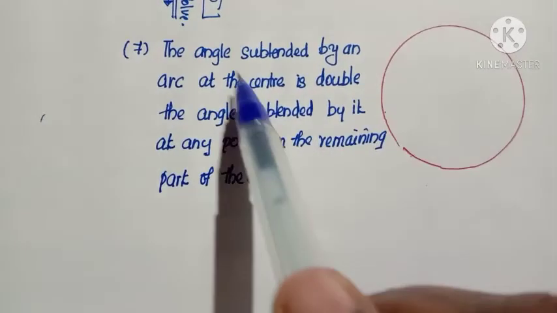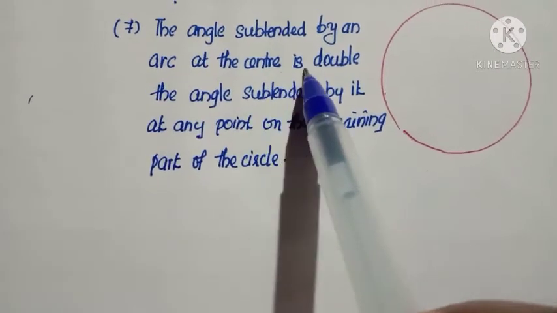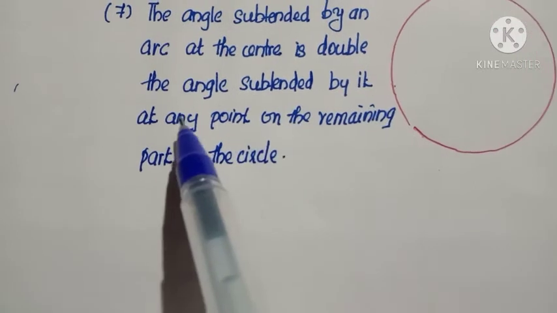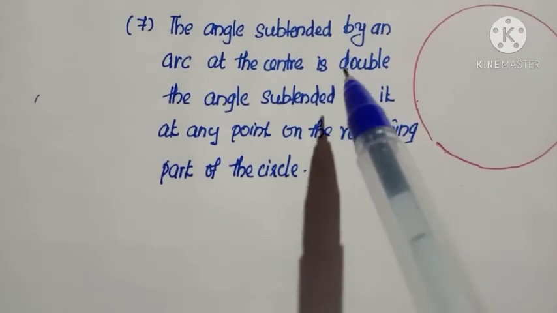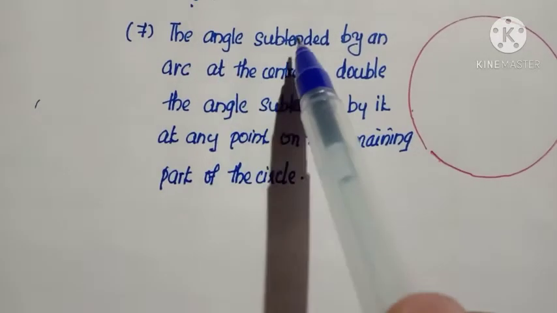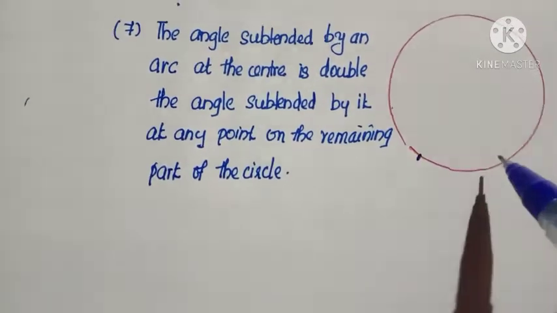Theorem number 7: the angle subtended by an arc at the center is double the angle subtended by it at any point on the remaining part of the circle. This is an important theorem. Let us take an arc.